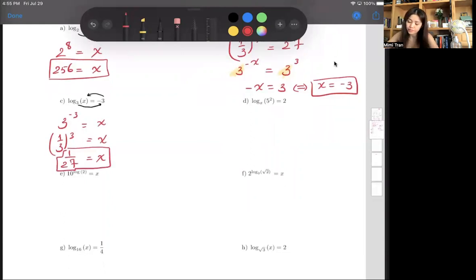D, same thing. x squared equals 5 squared. Take the square root of both sides. So x equals plus or minus 5, right? Because 5 squared is 25.